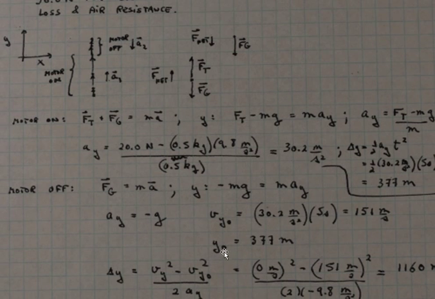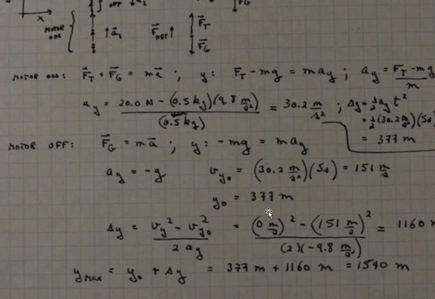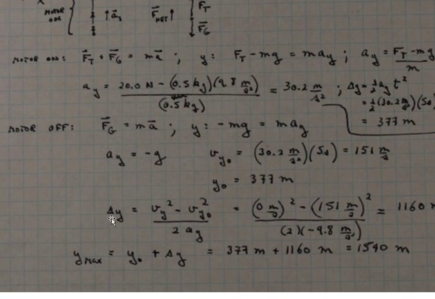And so what we can now do is figure out what the additional displacement is during that second phase. I'm going to use kinematic equation number 3, which gives me a 1160 meter displacement during the second phase.